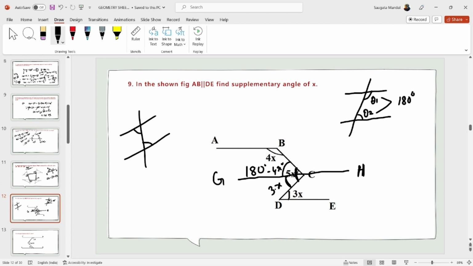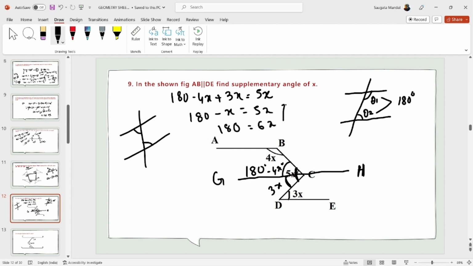The sum of these two angles is equal to 5x degree. 180 degree minus 4x plus 3x equals 5x. 180 degree minus x equals 5x. 180 degree equals 6x.